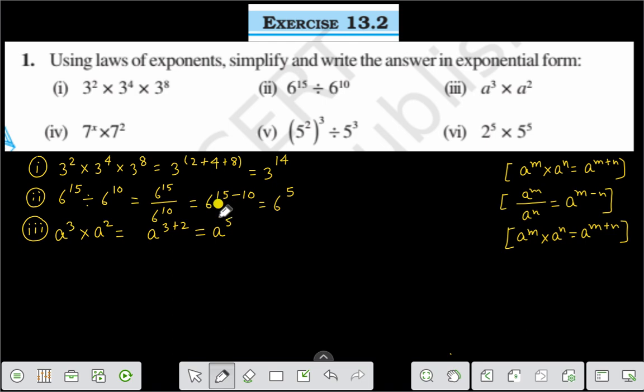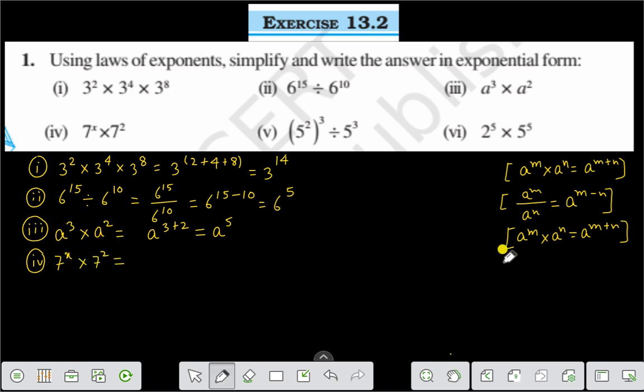Now question number 4 is 7 to the power x into 7 to the power 2. Here you see the bases are the same, that is 7.